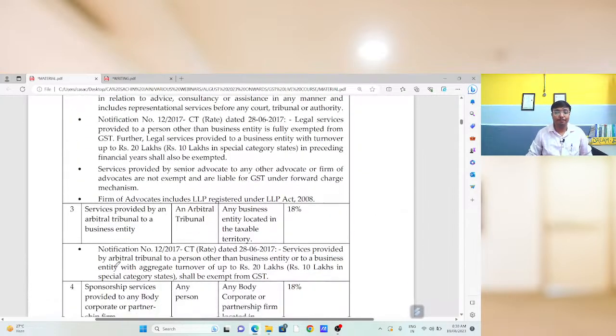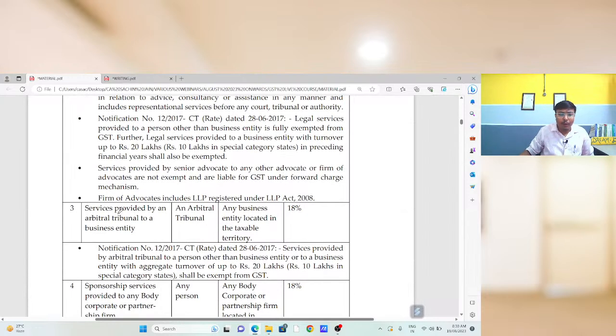Okay, next, services provided by an arbitral tribunal to a business entity. Suppose there is any dispute in the business; in that case the business goes to the arbitral tribunal for a fruitful decision. The arbitral tribunal is going to supply its services to that business entity. In that case, the arbitral tribunal, as supplier, is not liable to make the payment of taxes.